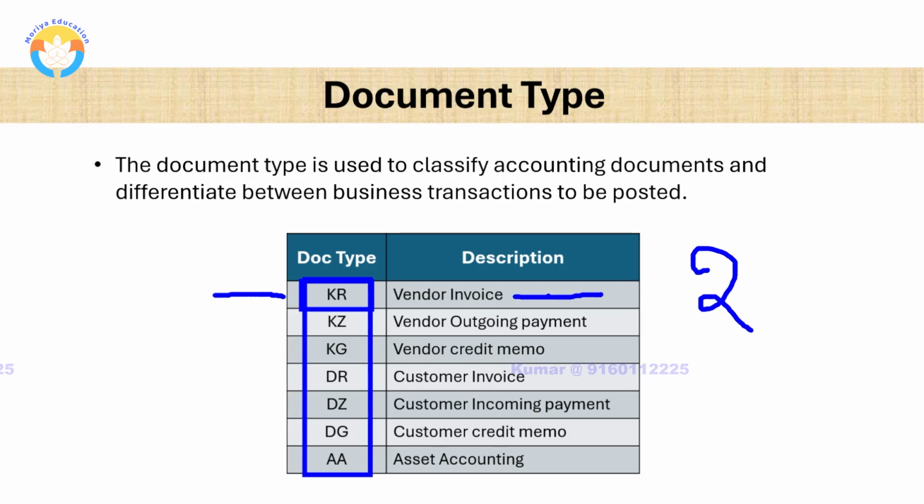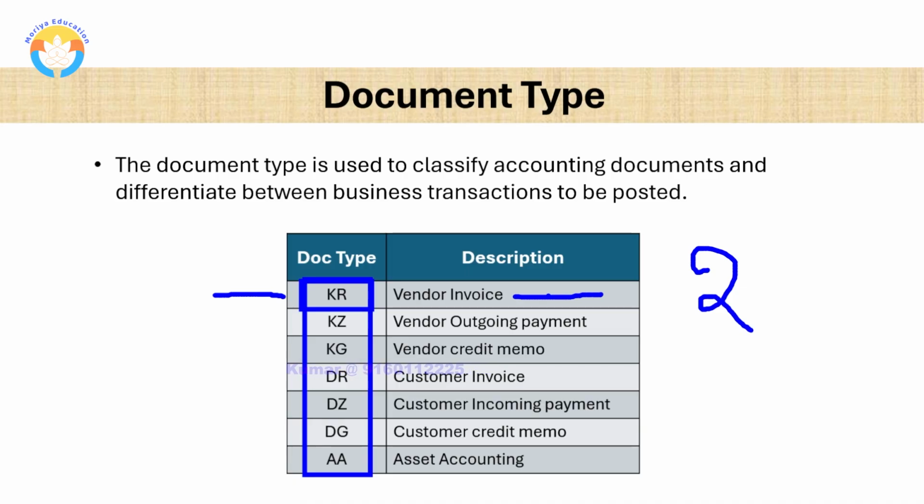When we purchase goods from this supplier, the supplier is also called a vendor. When we purchase goods, we will raise one invoice. We need to post how much we have purchased. We need to tell the system. Every day we will purchase from 10 different vendors, so the 10 different vendors should be told to the system. So that is called a document type. So KR is called a vendor invoice.